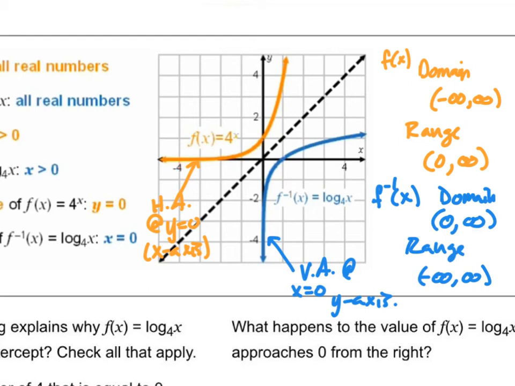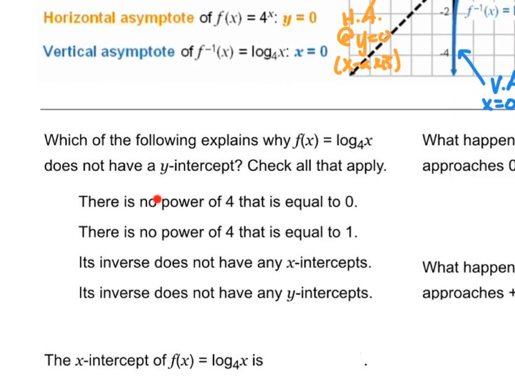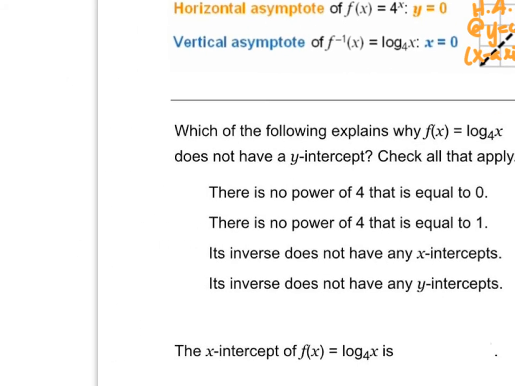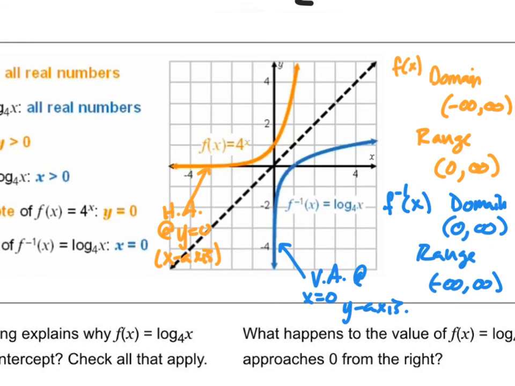They're just switched. And so you have to think, there is no power of 4 that is equal to 0. So the question is, 4 to the what power gives you 0? There is no solution. And the reason why I can say that is because when you plug in positive numbers into this function, you're just going to get really big y values.